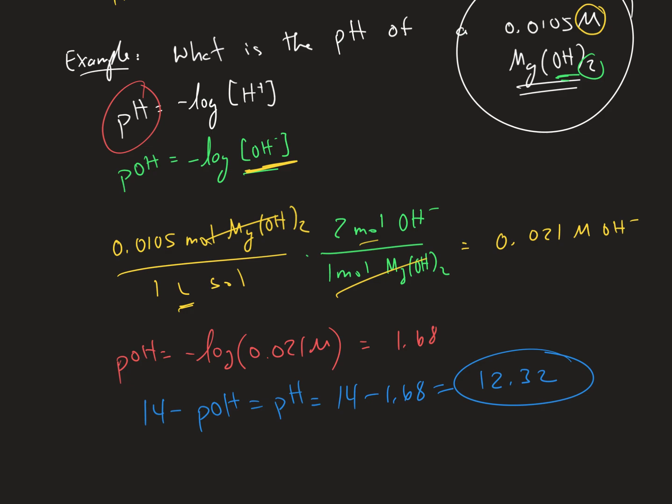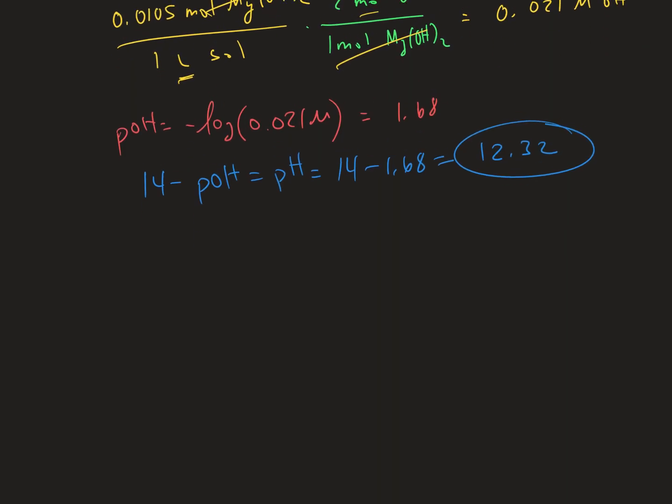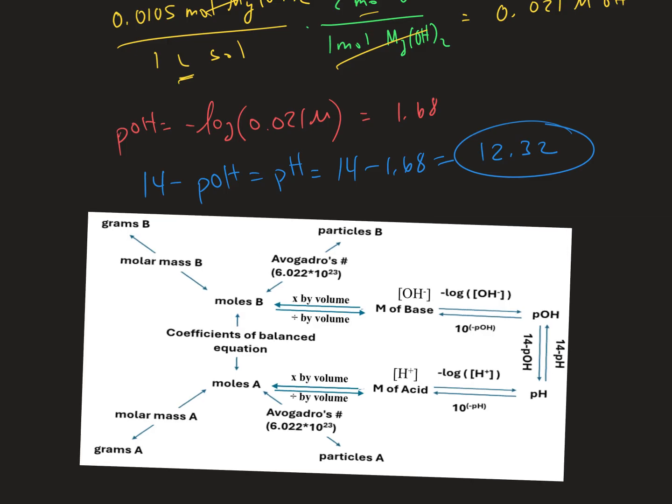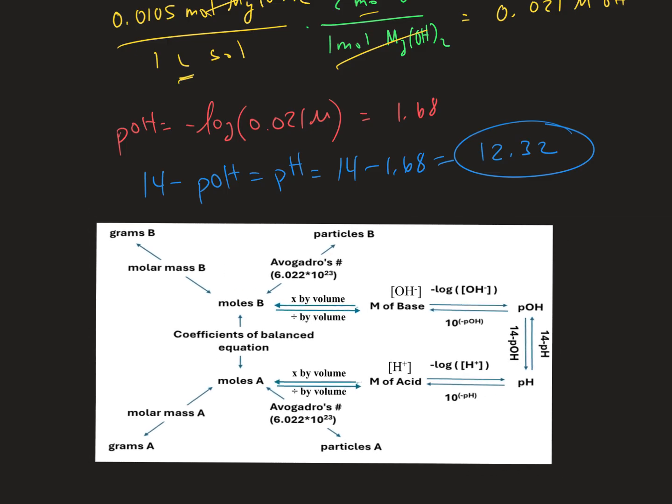Now, should we use the mole roadmap? Okay. So we are looking for the pH. And what do we know? We know the concentration of our base.